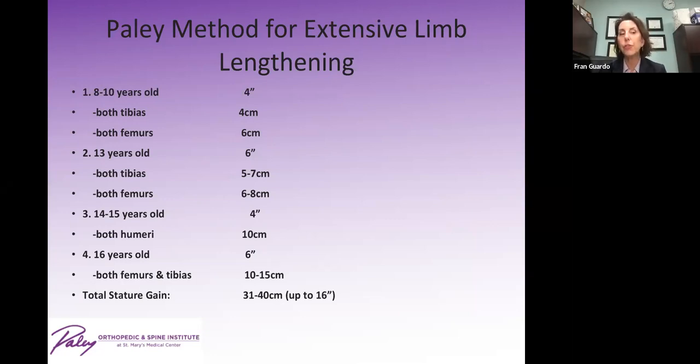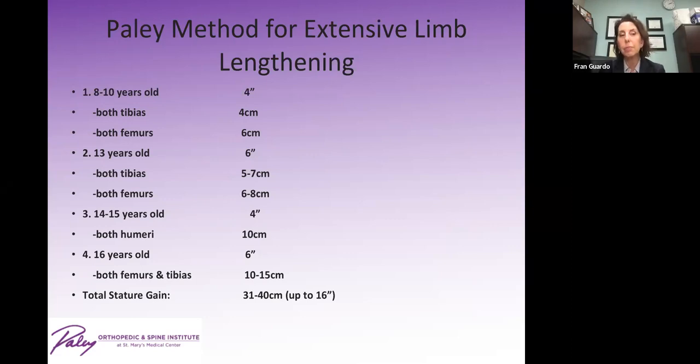And then between 14 and 15 years old, or within another 4 years, they will undergo the humeral lengthening. Actually, I'm sorry, usually we space that somewhere in between 2 leg lengthenings. Sometimes they'll do it between the first and second leg lengthening, and sometimes between the second and third lower extremity lengthening.